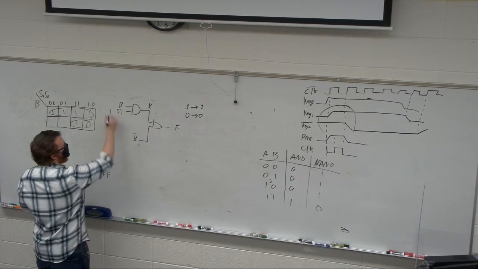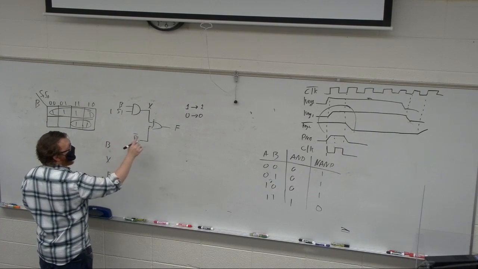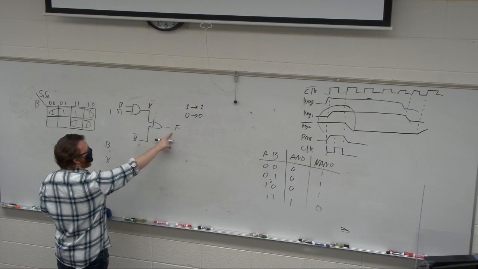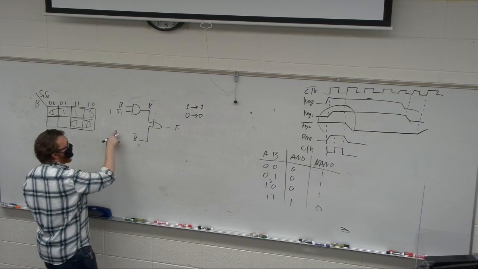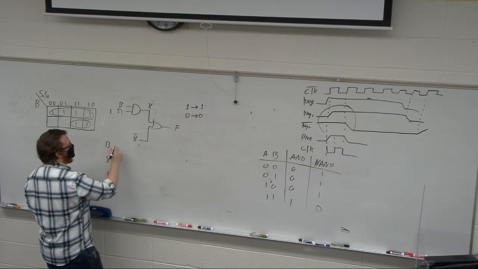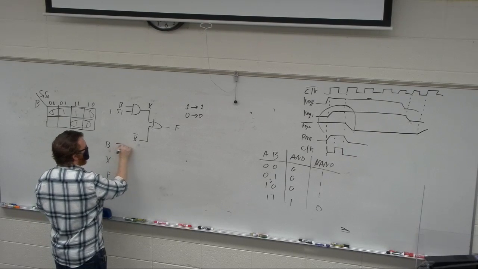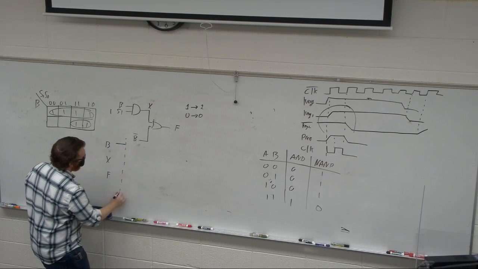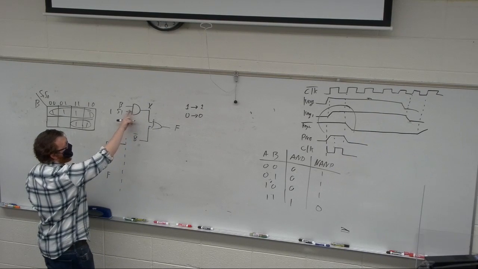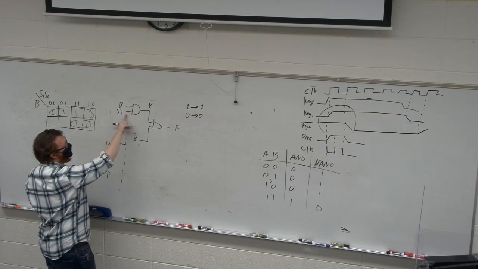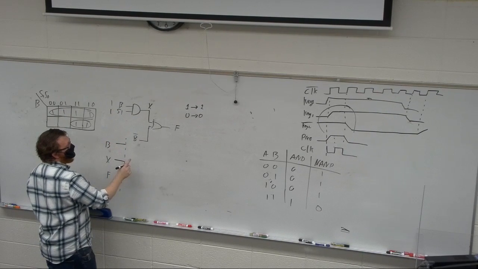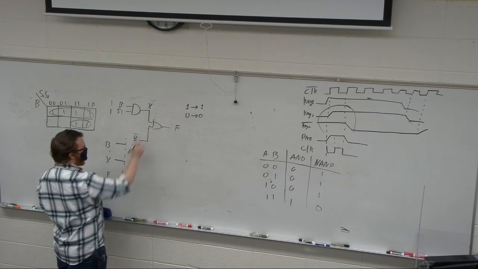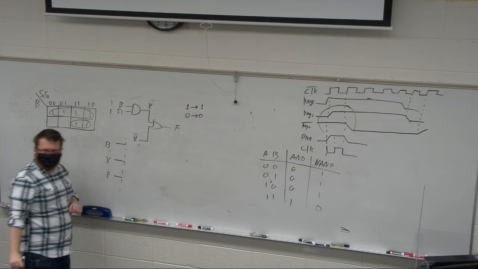So let's say B starts at, well, I want something that makes F 1. So if B is 1, B bar is 0, and we're in good shape. So B is 1, so this is our start point. X then, because B is 1 and S1 is 1, X is 1. F then is also 1, right?